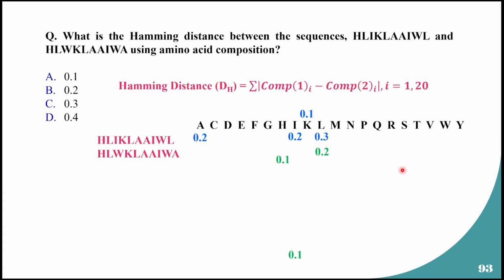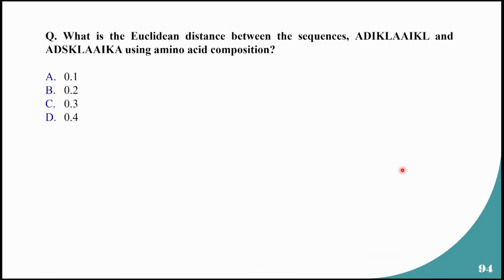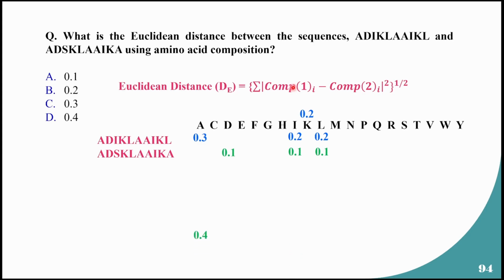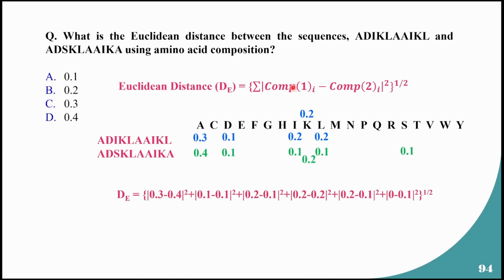Hamming distance again, and then another was Euclidean distance. The Euclidean distance is a similar approach, but a little more complicated. You calculate the composition for the individual amino acid components wherever possible.